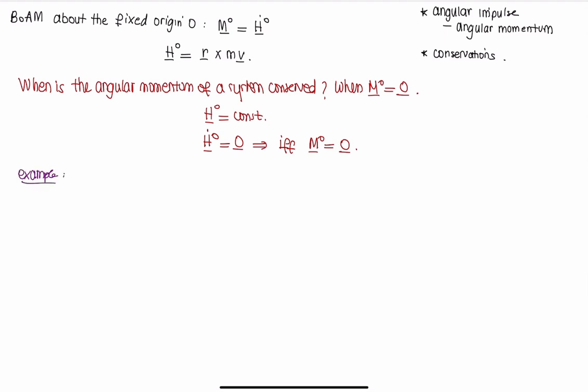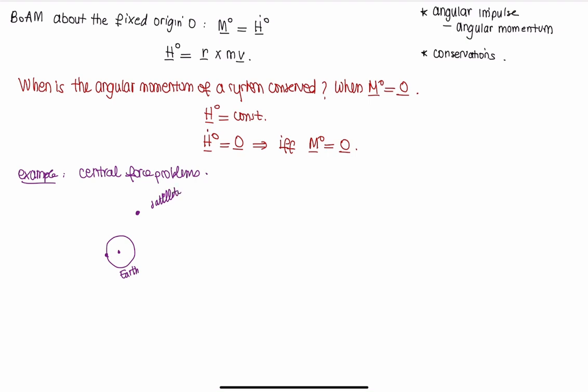A common example where the angular momentum of a system is conserved is in central force problems. Let me give you an example of these problems. We have the Earth, and we have some satellite orbiting the Earth.